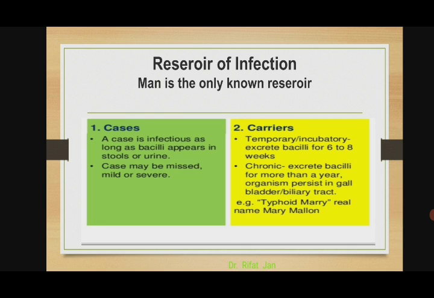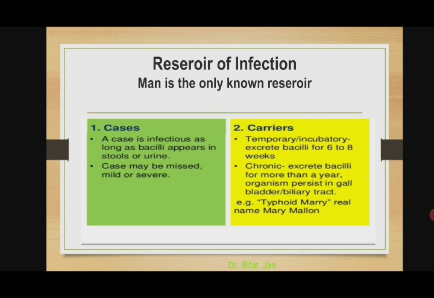Man is the only known reservoir of typhoid fever, in the form of a case or a carrier. A case is one which has the symptoms, or is in the stage of typhoid fever, and the carrier is one wherein the infection might have subsided or the person might have been asymptomatic, but the bacilli is still present in the human host.